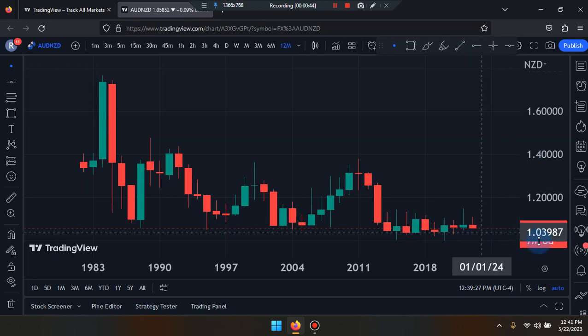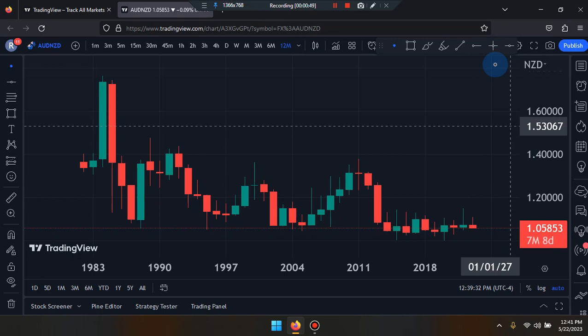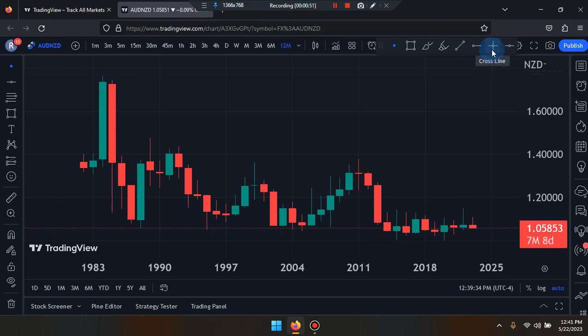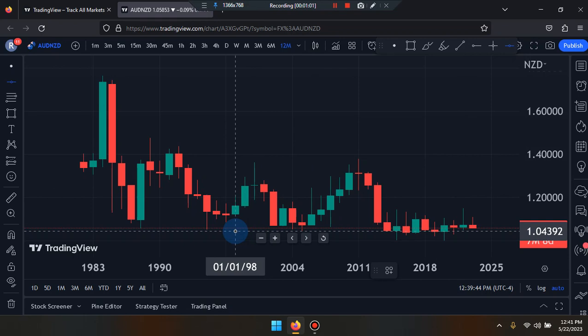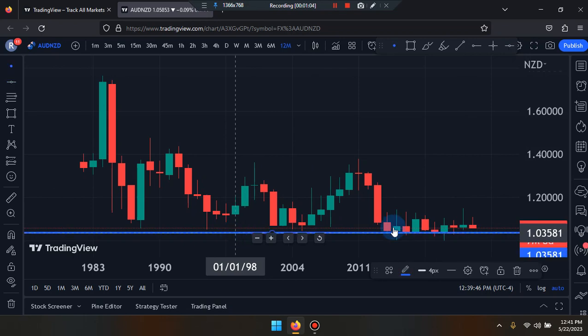Current price is sitting at 1.05853. If price action pushes down, it can tag that low area of the solid red and green touches towards the bodies of those candles, and that will be nearing the numbers of 1.03581.